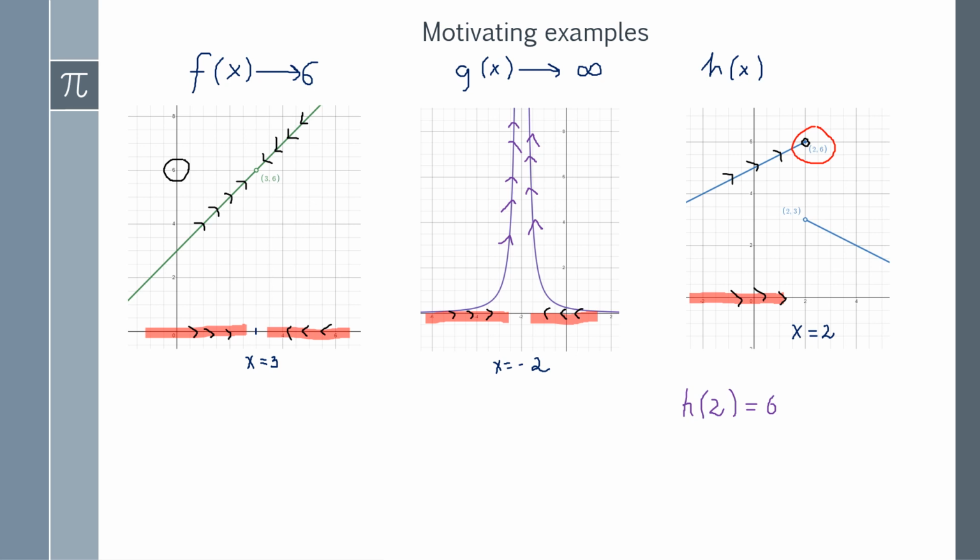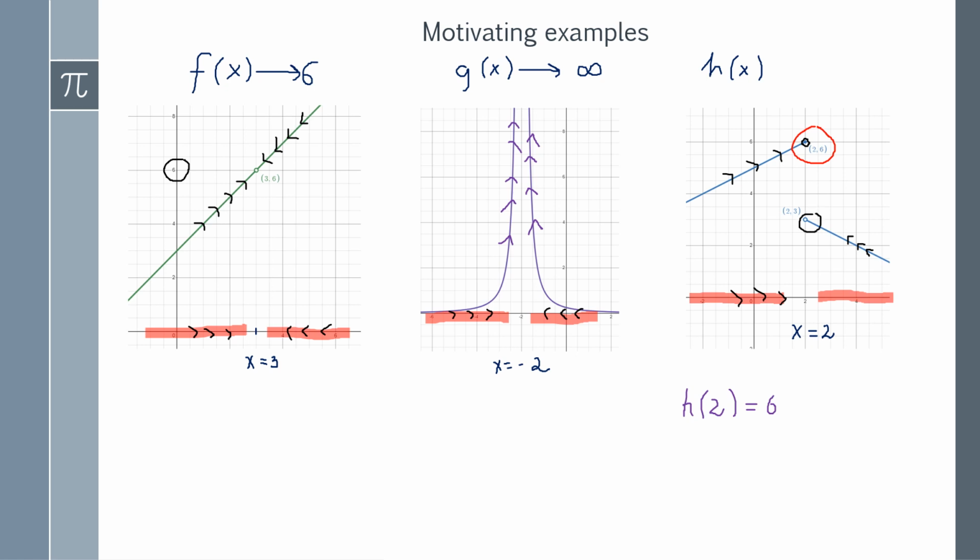Now notice that if we switch the side and say, now let's go ahead and approach our x from the right side. What happens now? Now our function is approaching a different value, and it is approaching 3.